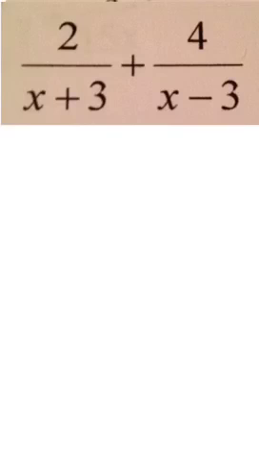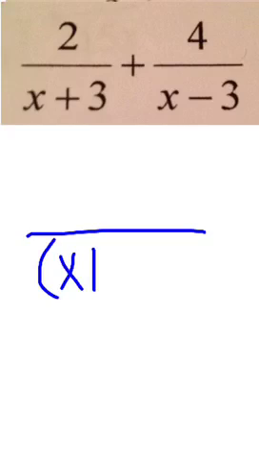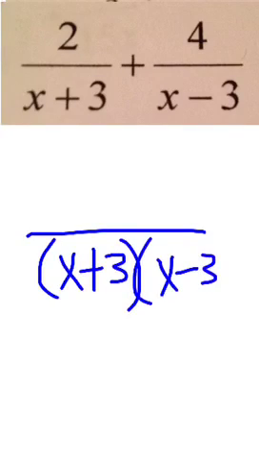The first step again is to find the least common denominator. Well, you would have to include both x plus 3 and x minus 3 as the common denominator. So we'll put those together down there.